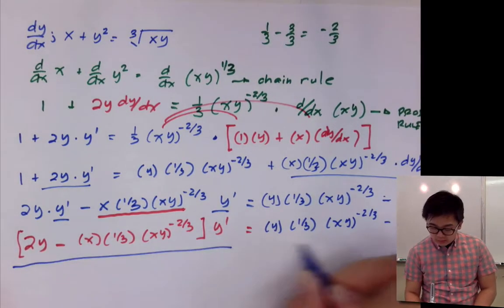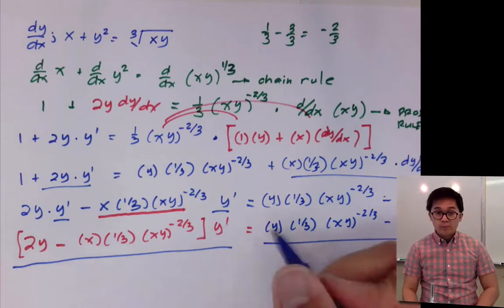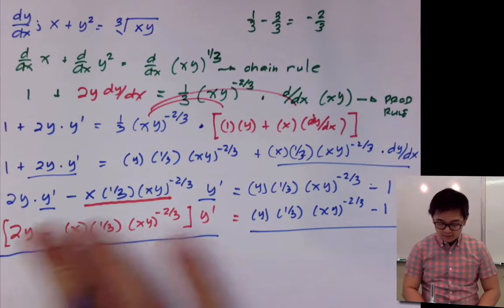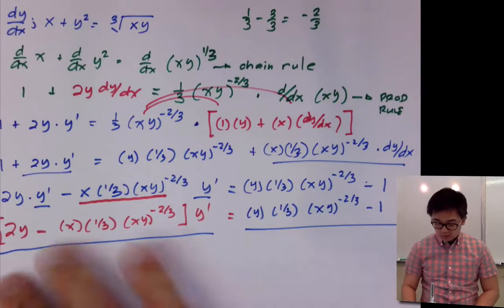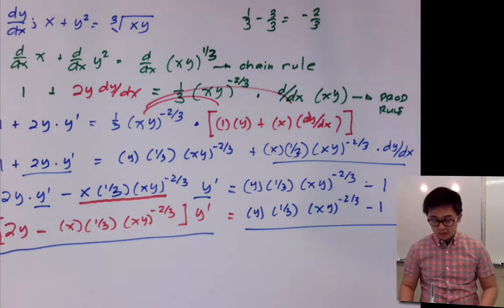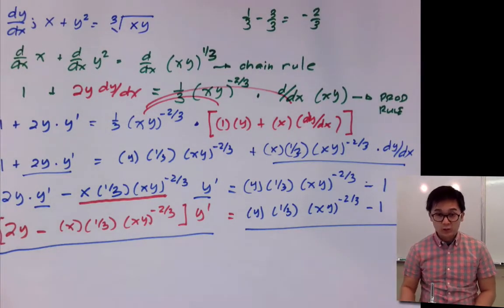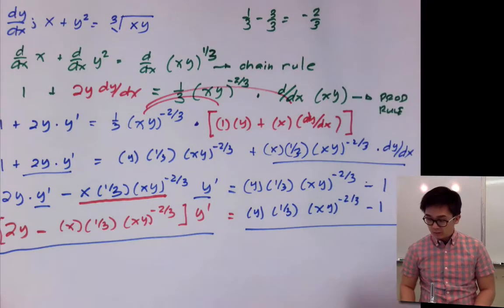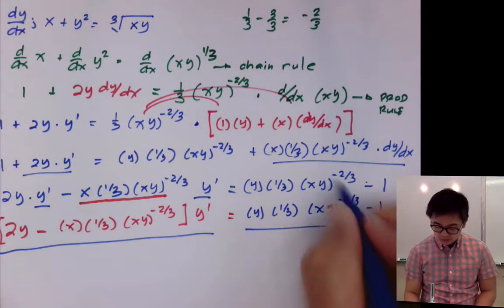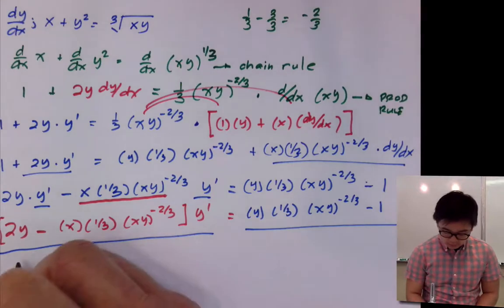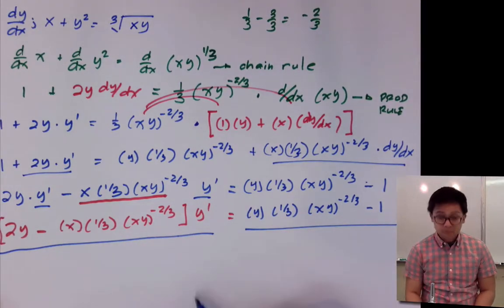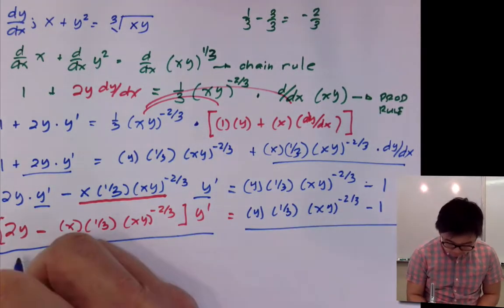So all I need to do is to isolate y prime by dividing by this term right here. I know it's quite large, but there's nothing else we could do about it, because it's still going to be a huge solution even if it changes into radical. So let's just leave it as fractional exponent.